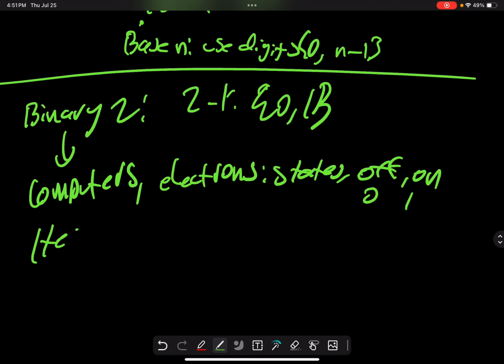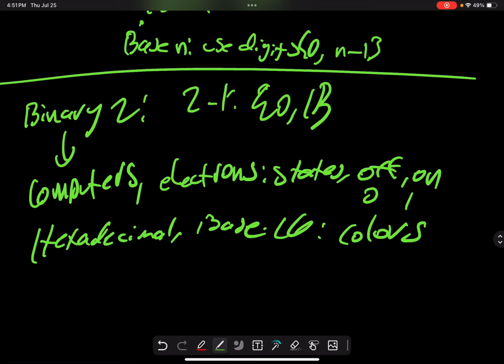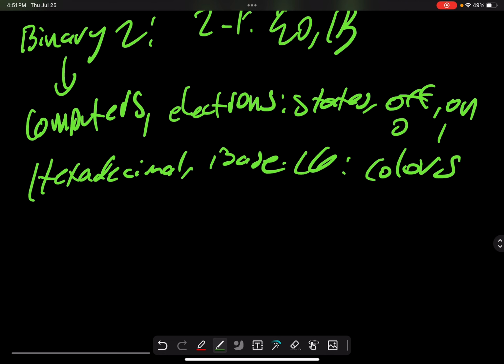Another one is hexadecimal, which is base 16, and it's used to represent colors. Now, base 16 is very special, right? Because after 9, there's a certain thing that has to represent the idea of 10, but you can't use 10, because 10 uses 2 placeholders to represent one value.